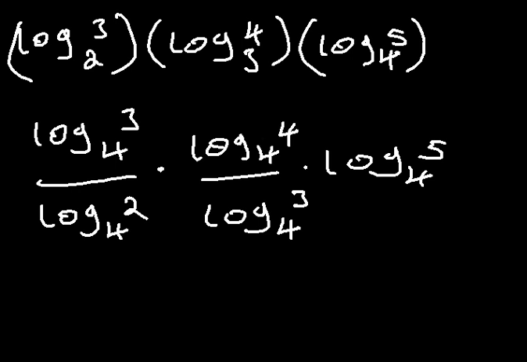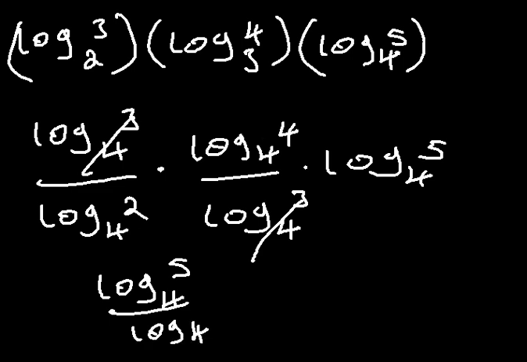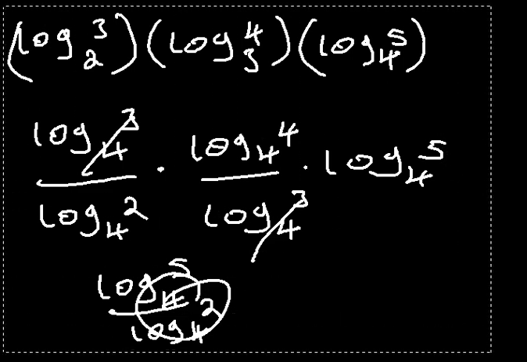So in this case, we know that this is 1, and this can be cancelled, and this can be cancelled. In that case, we have log 4 of 5 divided by log 4 of 2. Now this is the solution for that case. We cannot simplify further from that one.